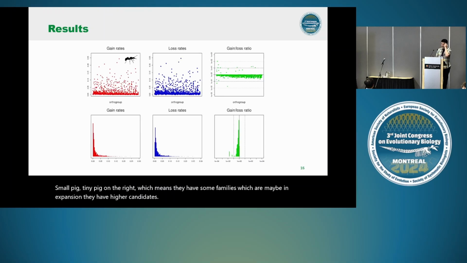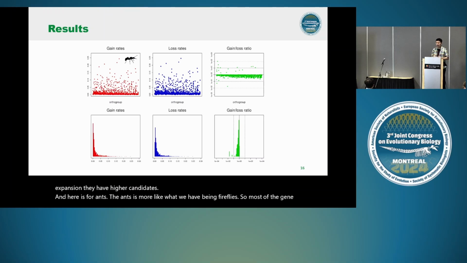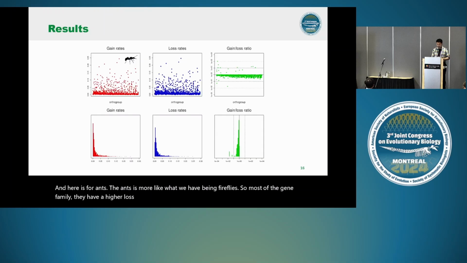And here is for ants. The ants are more like what we have in fireflies. Most of the gene families have a higher loss ratio. Although there is considerable variation in their gain and loss rate, the ratio is always such that the loss rate is a little bit higher.